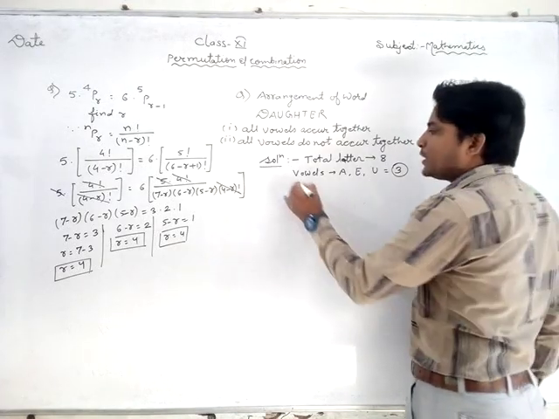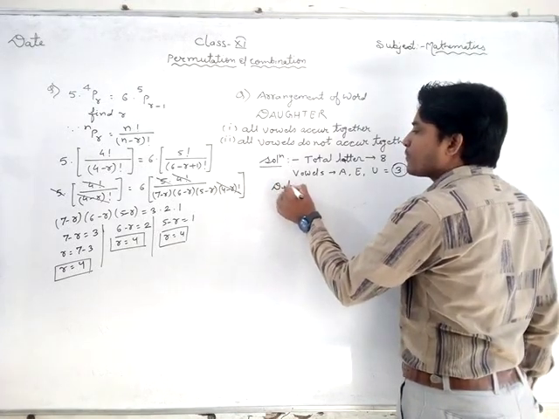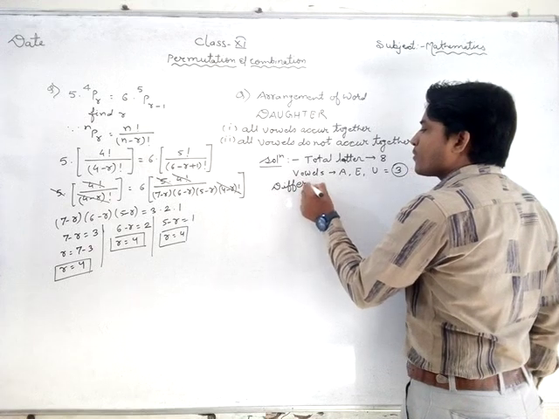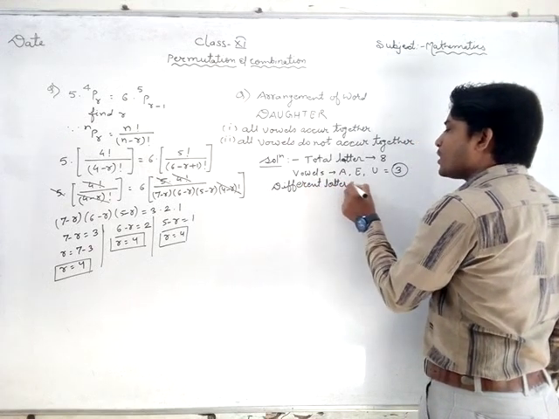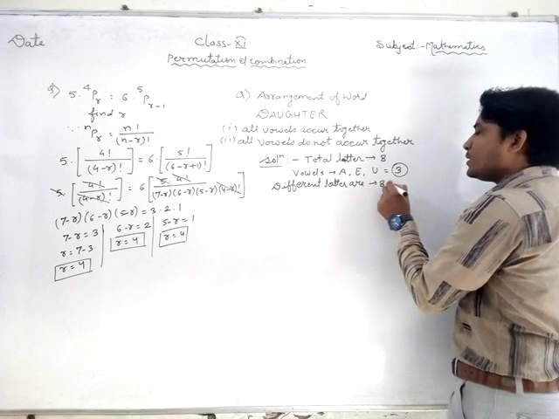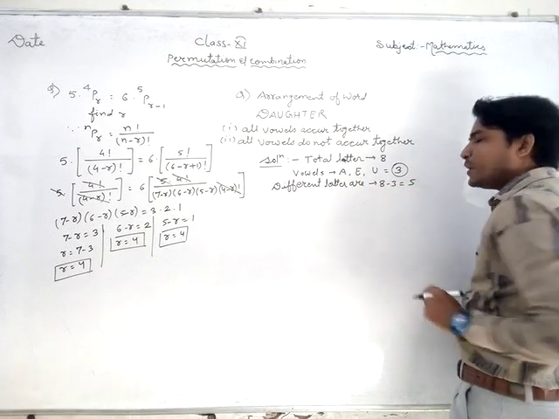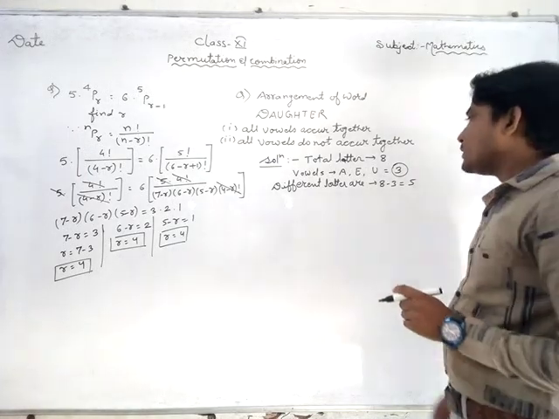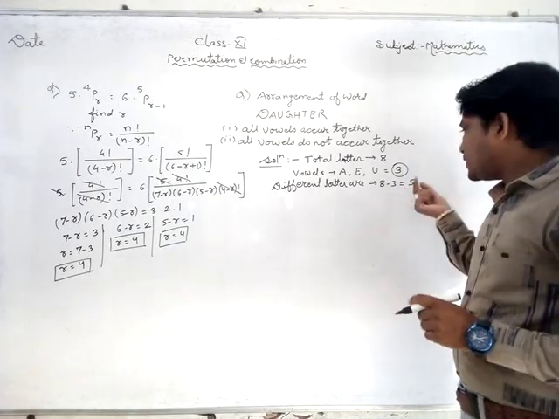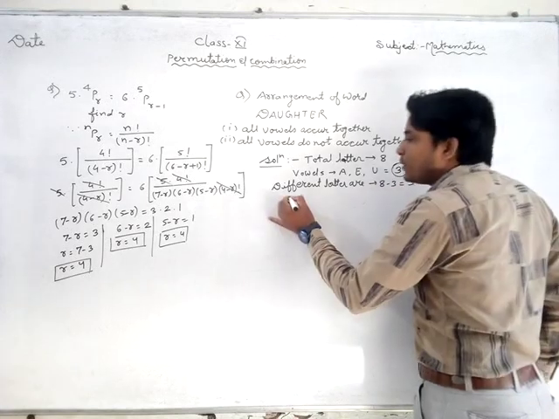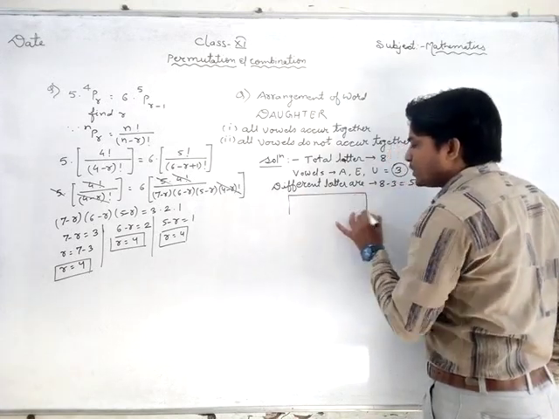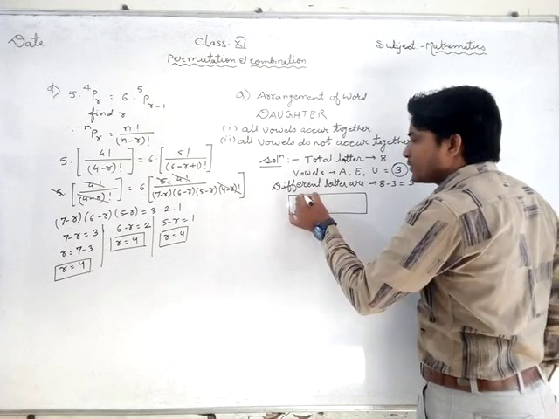So the different letters are 8 minus 3 equal to 5. Here we want to arrange 5 different letters and 1 vowel group.